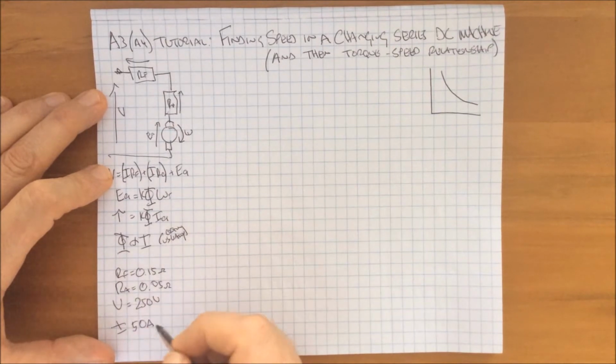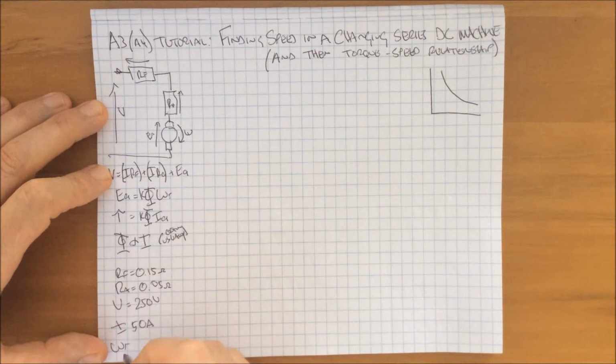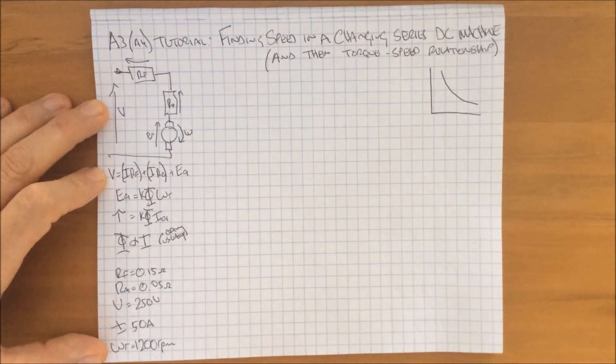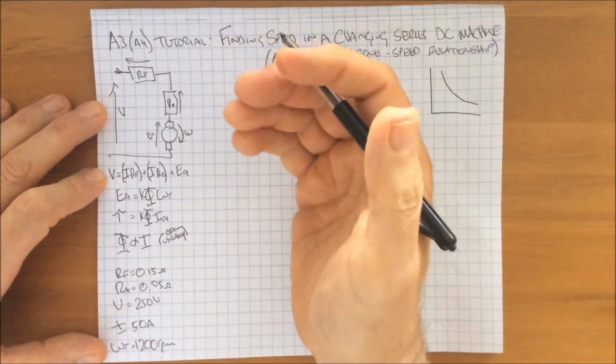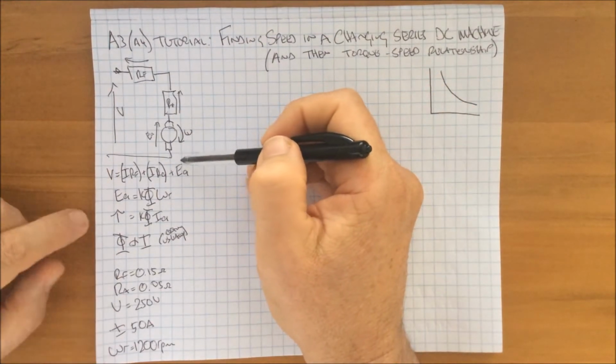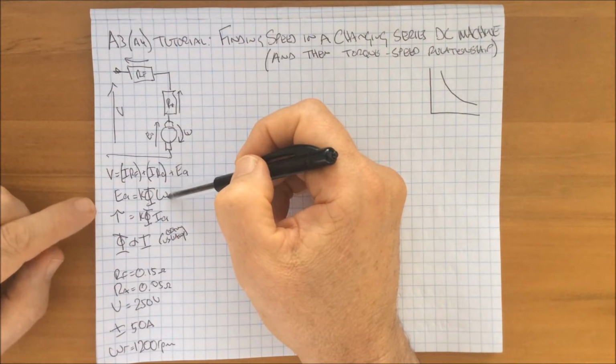We'll call that 50 amps, and we'll say that the rotational speed of the machine, we'll call that 1200 RPM. So we can go through and see how the speed of this machine is going to change with a different current.